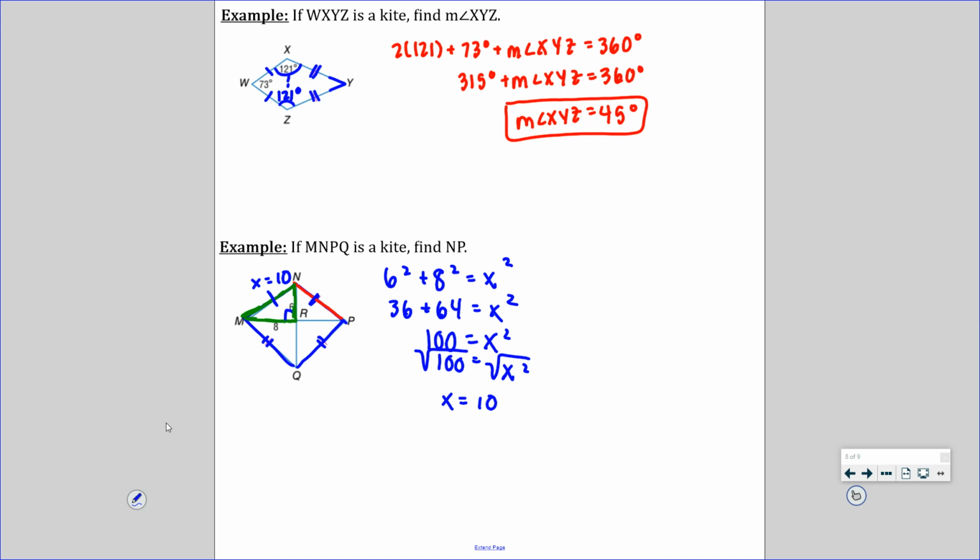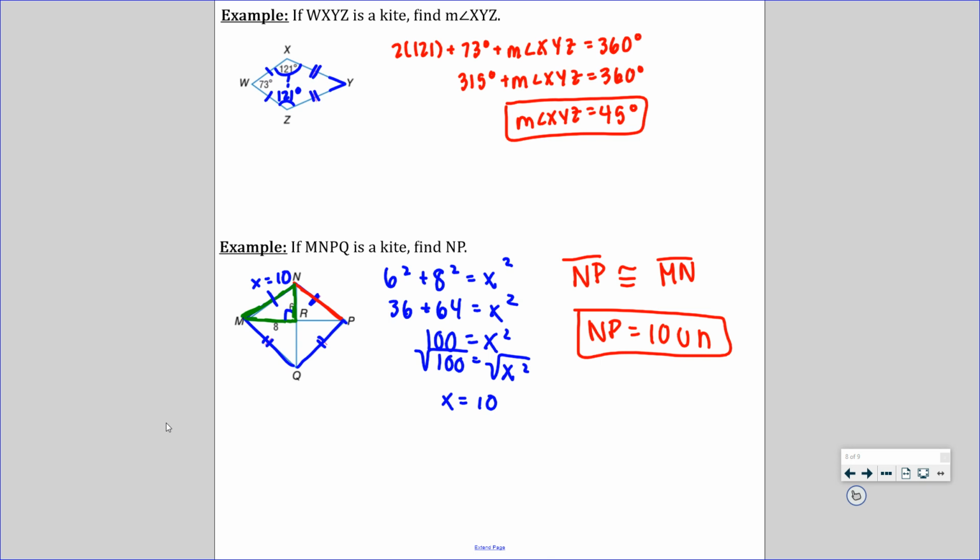If MN is 10, NP would also be 10, because NP is congruent to MN. So NP would also be 10. Okay, there's an example problem of each of those characteristics of kites: the angle idea and the perpendicular diagonals. That's all you need to know for kites.